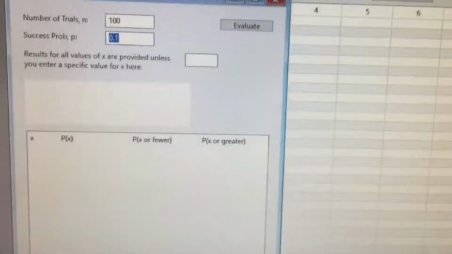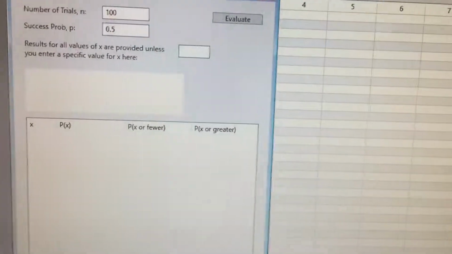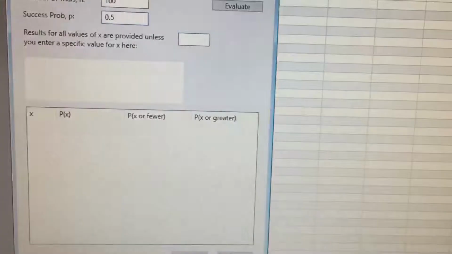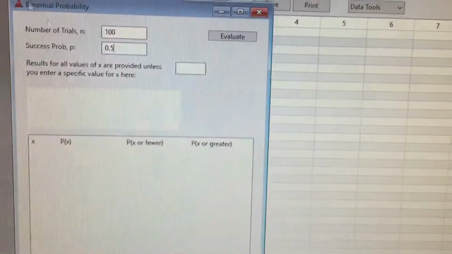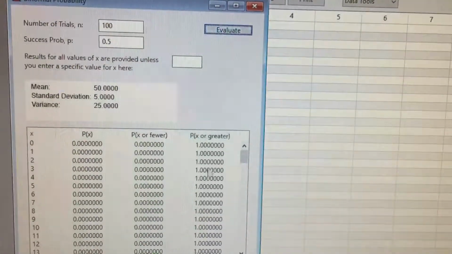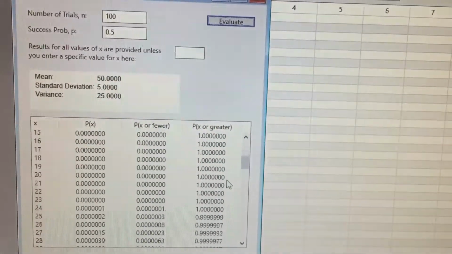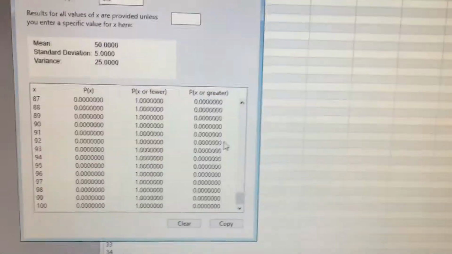You were told in that sample problem that p was going to be 0.5. We'll enter that. And what's left will be to click Evaluate. And it's going to be all of this right here. It's going to be a long probability chart.